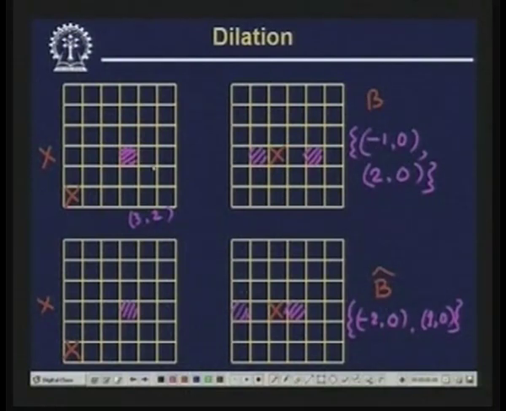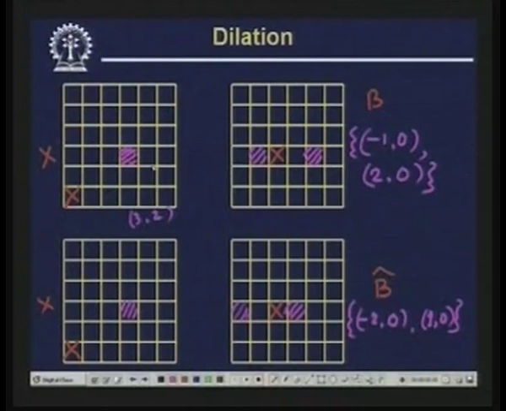So, in the first case, if I apply our first definition, that is dilation as a result of vector addition, what I have to do is I have to take the point from the point set X and add to it every vector from point set capital B. So, by doing that, what I will get in this particular case is my dilated image will consist of only these green boxes.